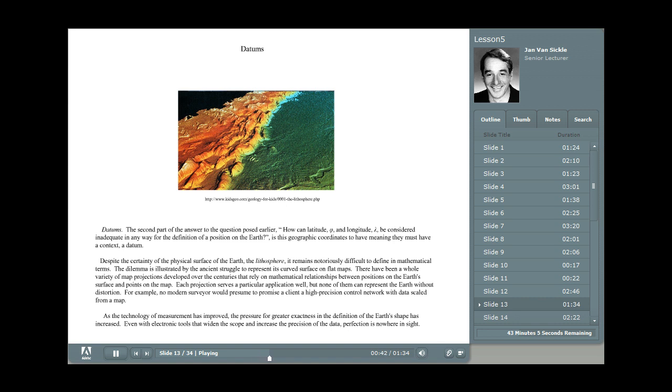And we have a whole long list of map projections that have been used to accomplish this conversion of what is obviously a curved surface onto flat maps. But any of these projections, no matter how complicated they might be, cannot do so without distortion.